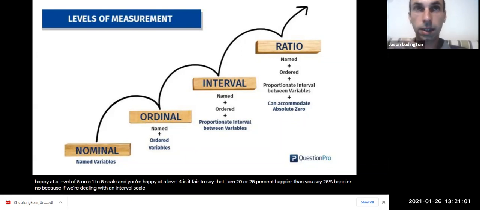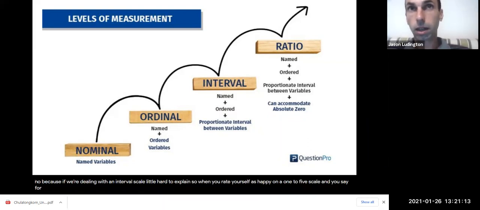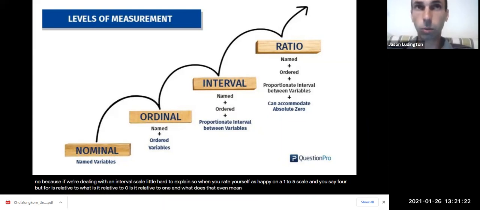okay, this is a little hard to explain. So when you rate yourself as happy on a 1 to 5 scale and you say 4, but 4 is relative to what? Is it relative to 0? Is it relative to 1? And what does that even mean? What does a 1 mean? We don't know what these things mean.